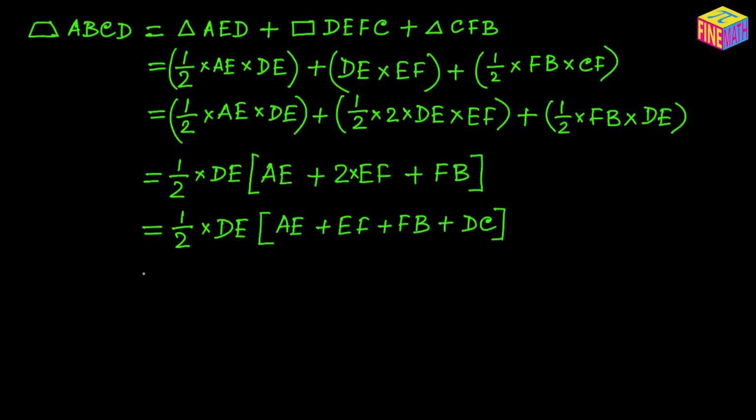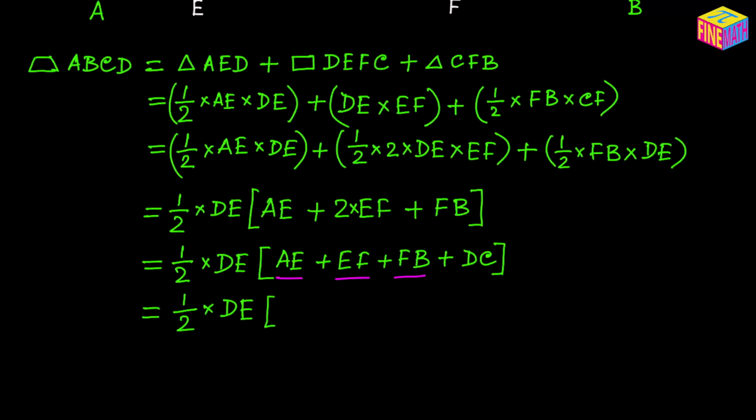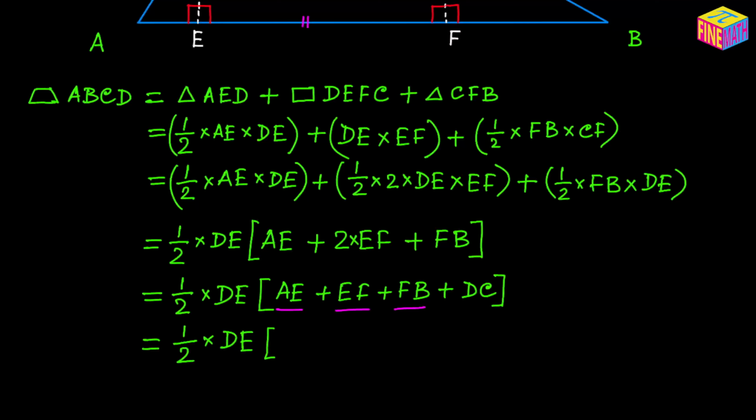Now we can write it like this. This is clearly half times DE times, and if you look at this, AE plus EF plus FB is nothing but AB.